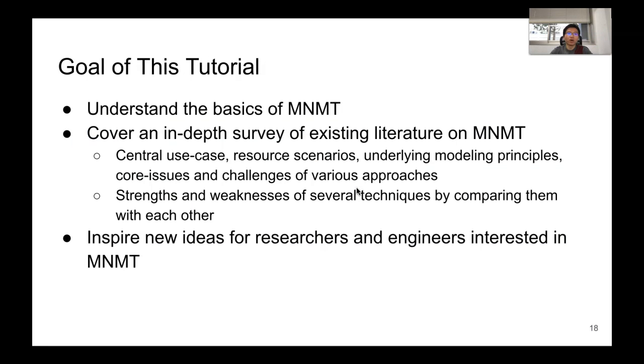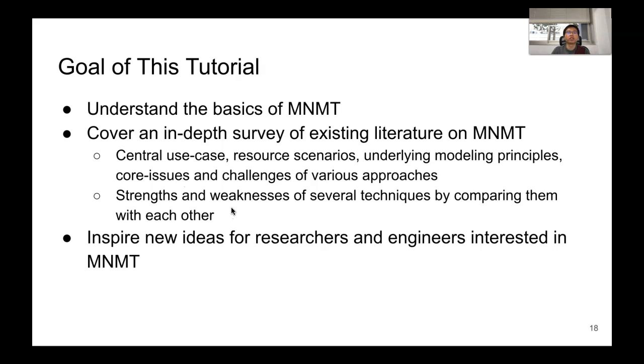And so the goal of this tutorial is to present the basics of MLMT systems to help you understand these. And we're also going to cover an in-depth survey of existing literature on MLMT, which is centered on use cases, resource scenarios, underlying model principles, and core issues and challenges of various approaches.